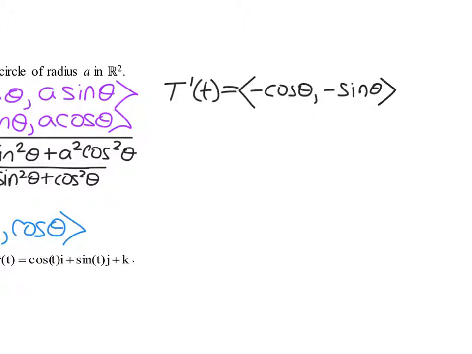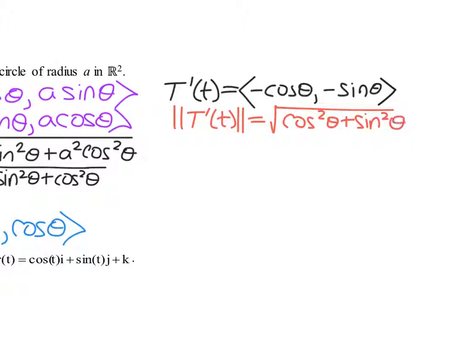I need the magnitude of that. Drop the negatives when you square them, obviously. But cosine squared plus sine squared is the same as sine squared plus cosine squared, so it's going to be 1. Square root of 1 is equal to 1. So the magnitude of the unit tangent vector is going to be equal to 1.